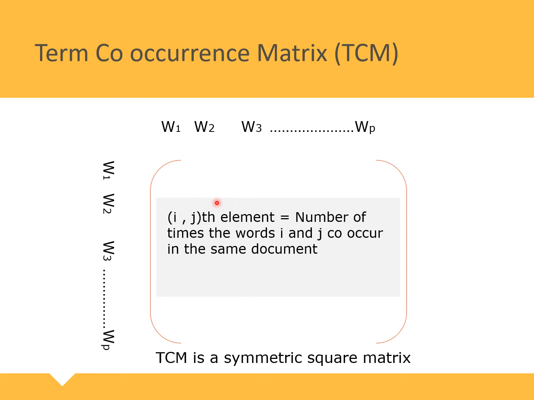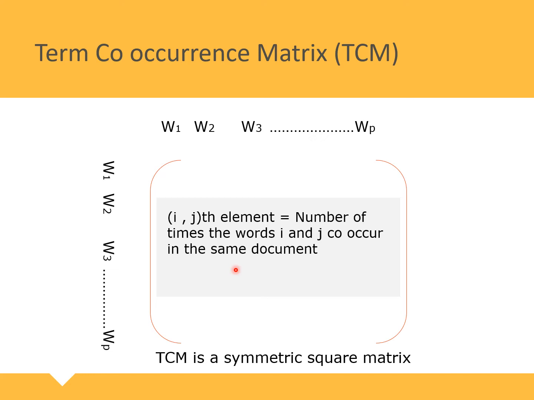The term co-occurrence matrix, unlike the DTM, is a square matrix. The dimension of the matrix is equivalent to the size of the vocabulary, the number of unique words that we have in the data. It's a square symmetric matrix, because the ijth element of this matrix says the number of times the word I and the word J have occurred together in the same document.